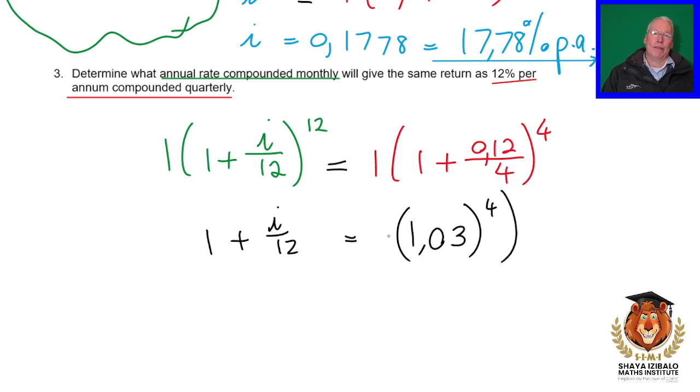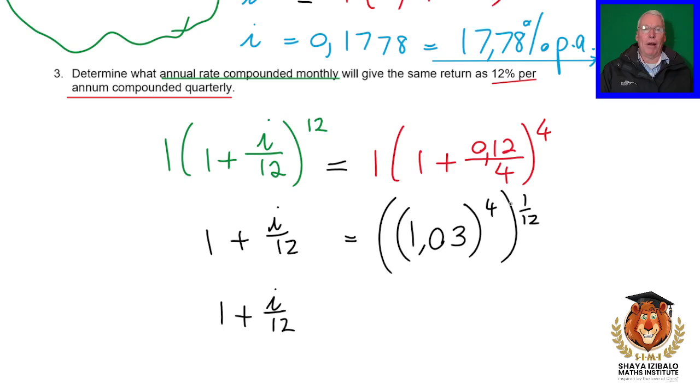We've raised both sides to the power of a 12th, which is why that power has disappeared from here. This now becomes 1 plus I over 12. Remember exponents, when we've got a power raised to a power, we multiply them, so we get 4 over 12, which is the same as a third. So we get 1.03 to the power of a third.